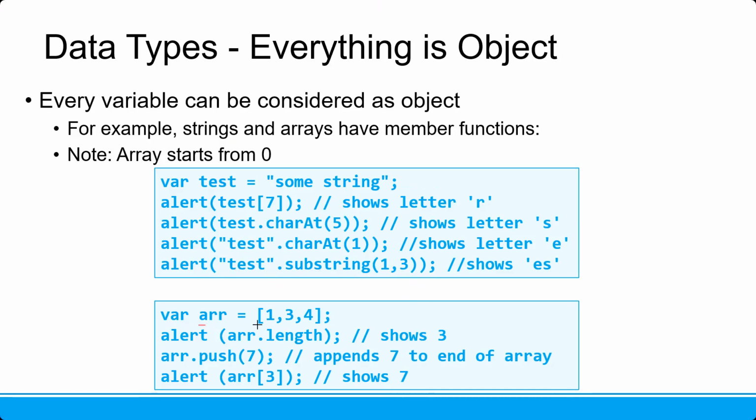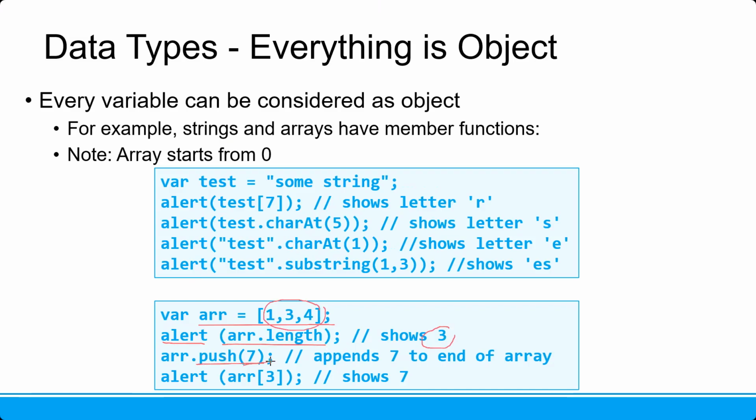I have an array, it is 1, 3, and 4. So alert the array length. The array length shows 3 because there are 3 elements. And in this array, I want to add another element. So I can use push.